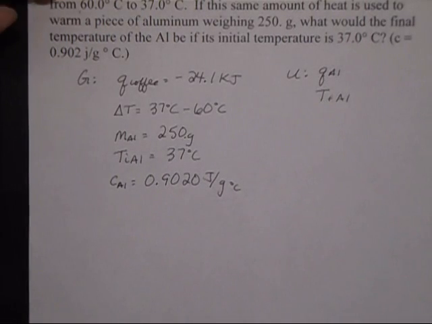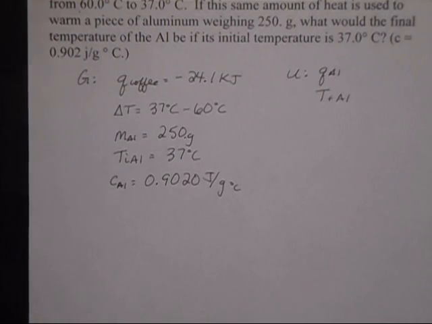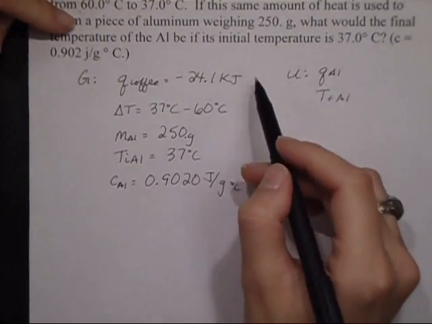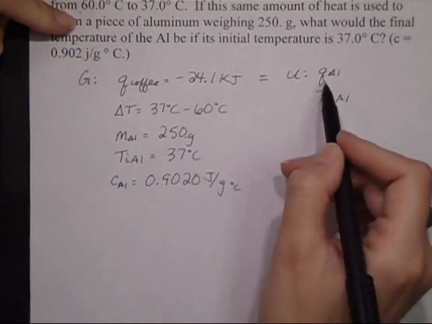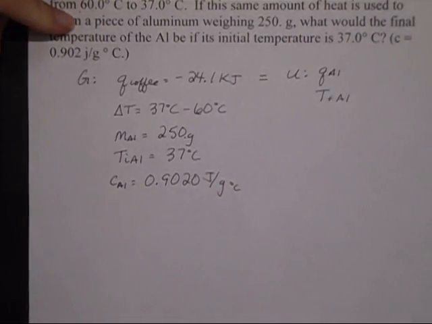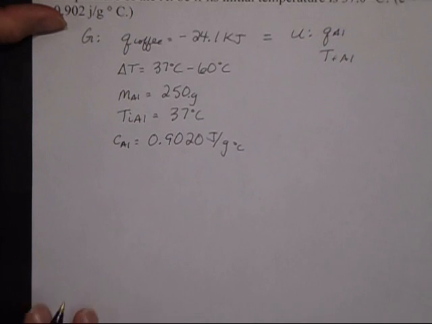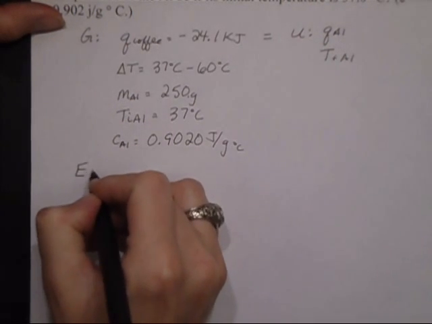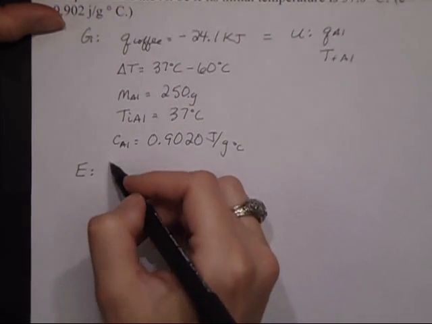All right, I have a lot of information here. One thing that I need to recognize right off the bat is that I am trying to make these two Q values equal in magnitude but opposite in sign. I'm going to write an equation, because what I really care about here is the aluminum.